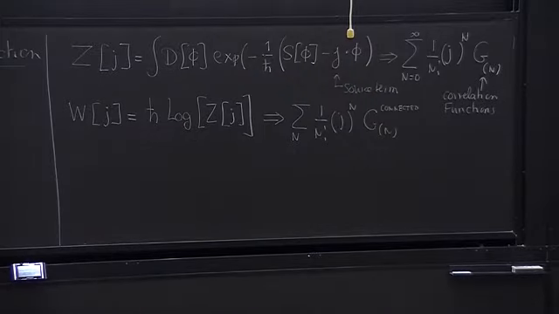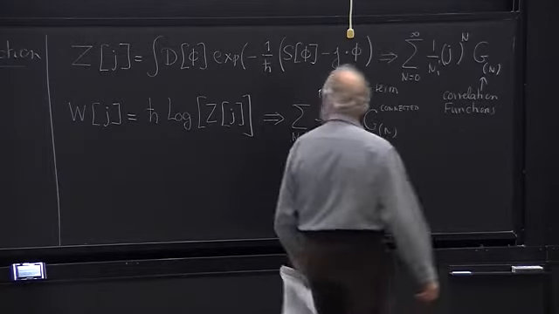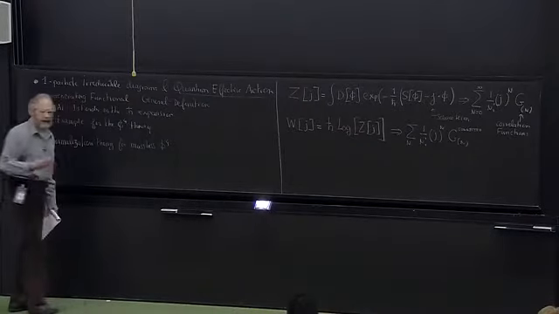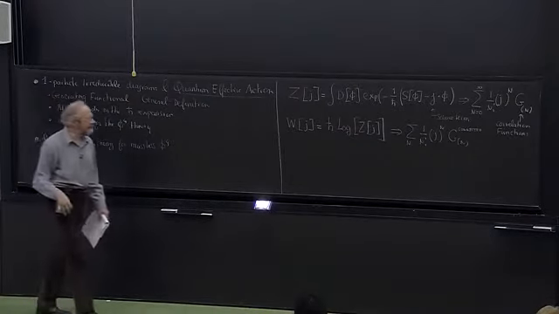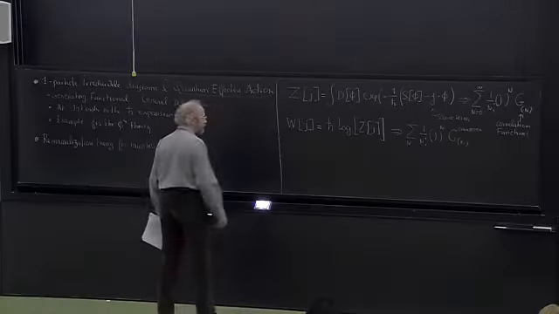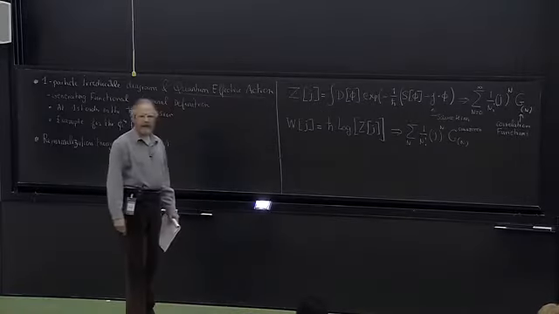Okay? And now we want to do the same for the irreducible diagrams, because the irreducible diagrams are simpler. There are many, many less. So we want to define an object which is a generating function for the irreducible diagram.